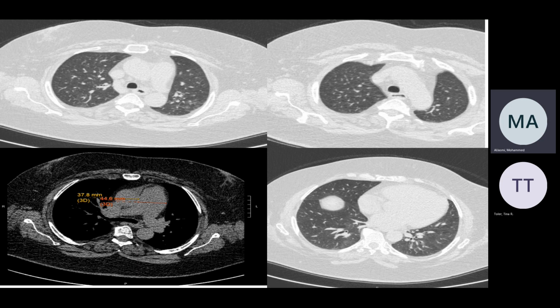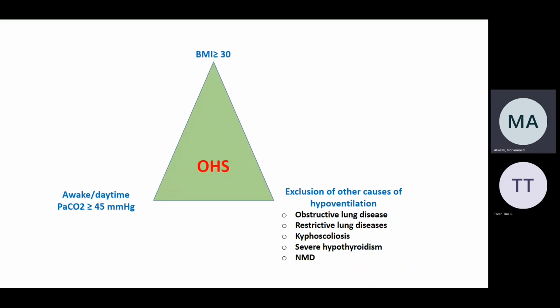We don't know exactly what's wrong, but that tells you that there is no interstitial lung disease causing this drop in the DLCO, when you account for the alveolar volume.